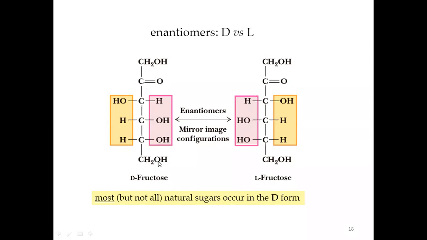Most but not all natural sugars occur in the D form. Our taste buds are actually very chiral. Imagine if the configuration were different: the sweetness you taste in sugar, if altered from D to L, would not be tasted. We are able to taste the sweet form, the D of the sugar.